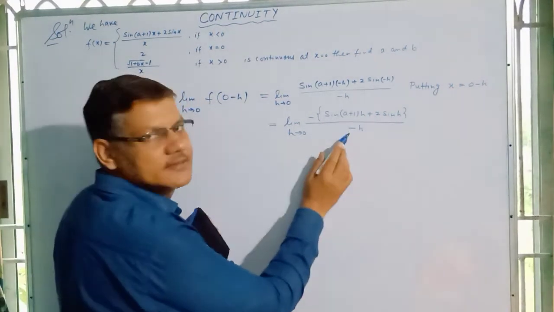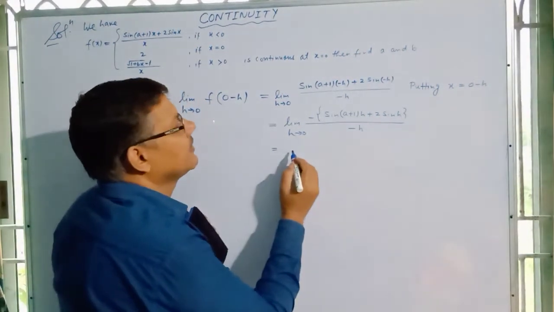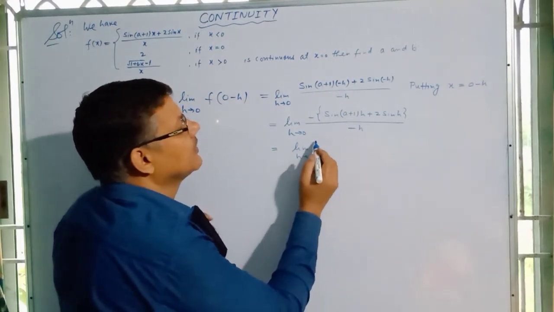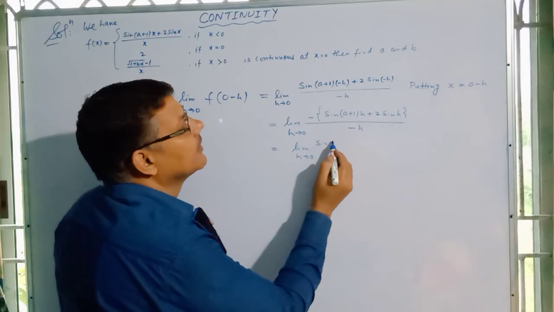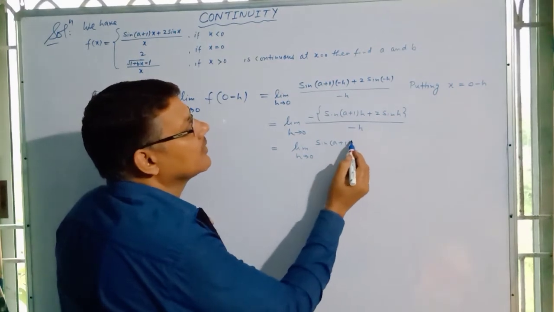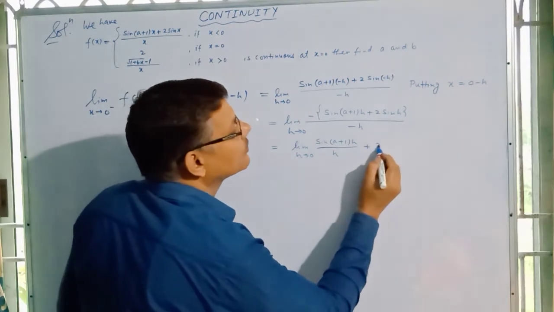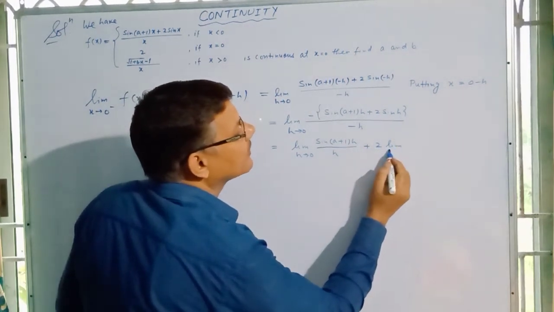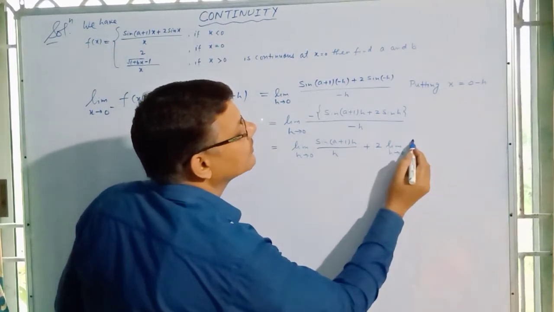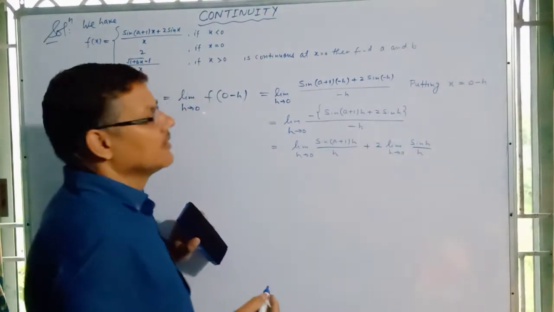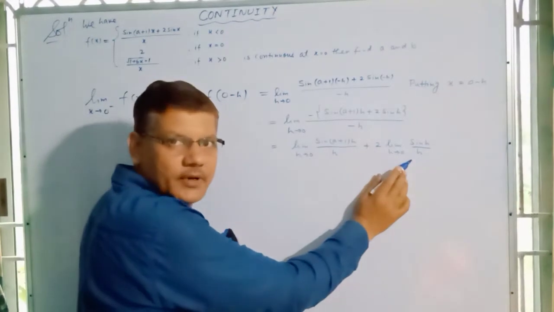Now minus minus is considered, we are left with the limit as h tends to 0 of sin((a+1)h)/h plus 2 times the limit as h tends to 0 of sin h / h. It is already based on the formula.